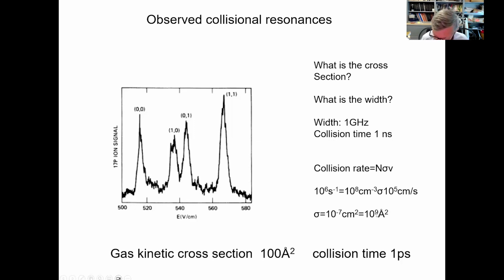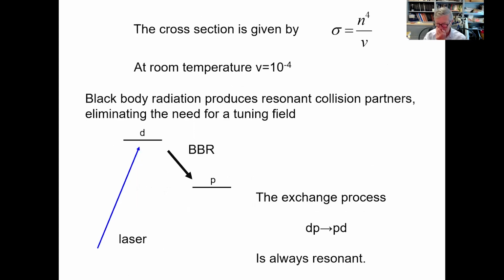Okay, and this kind of process can be a problem in a Rydberg receiver, because the cross-section is basically given by the 4th power of the principal quantum number divided by the velocity. So blackbody radiation produces just the resonant collision partners that you need. You don't have to have a tuning field.